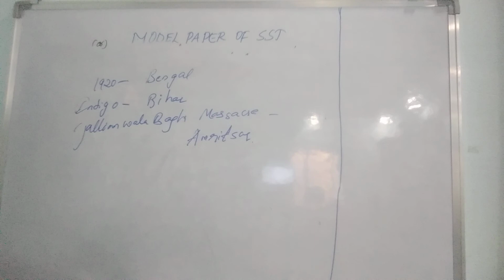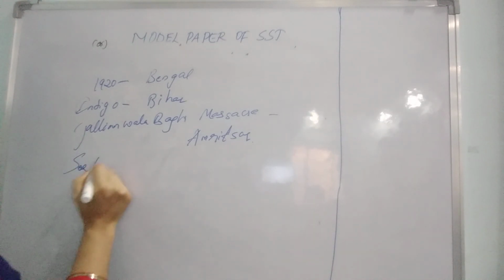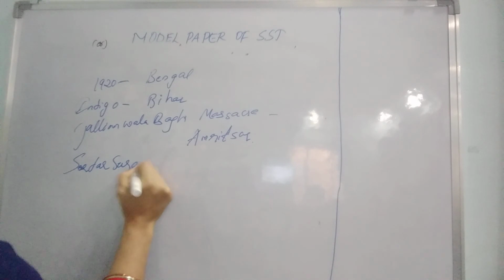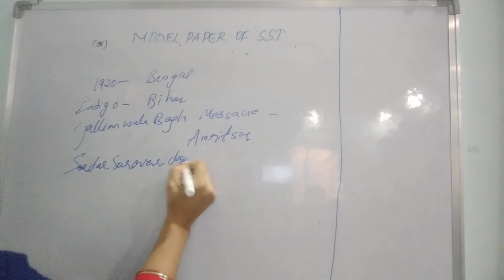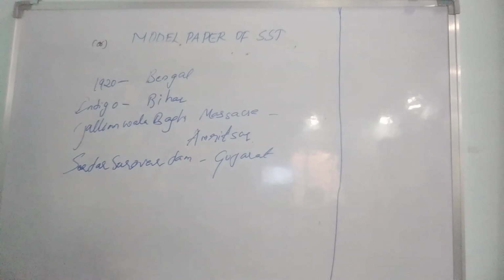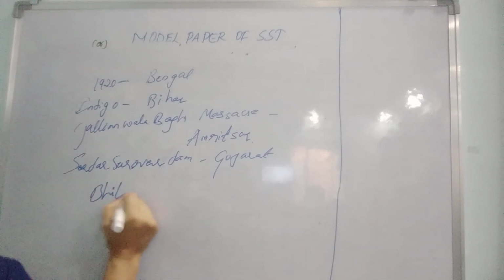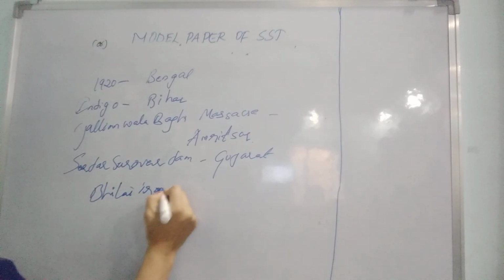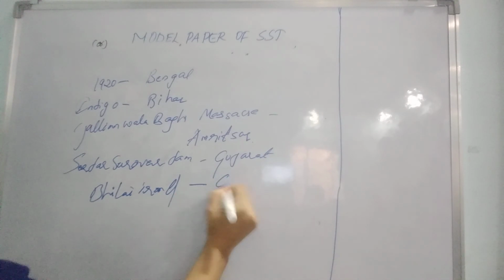Name the state where Sardar Sarovar Dam is located. Gujarat. Okay. Name the state where Bhilai Iron and Steel Plant is located. Chhattisgarh. Okay.